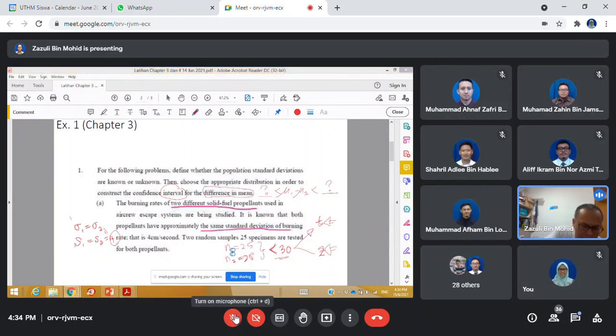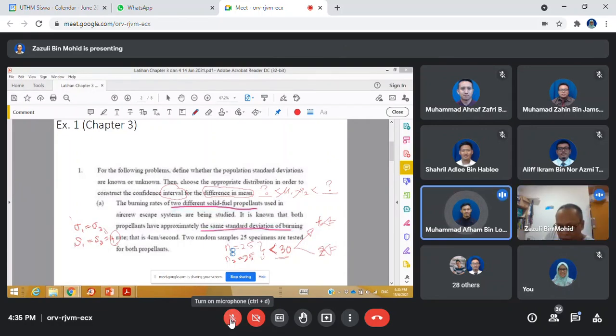Macam nak hujan. Dengar doktor. Siapa tadi jawab Afam ya. Agak-agak apa? What do which words or which sentence saying that it is a sample standard deviation?